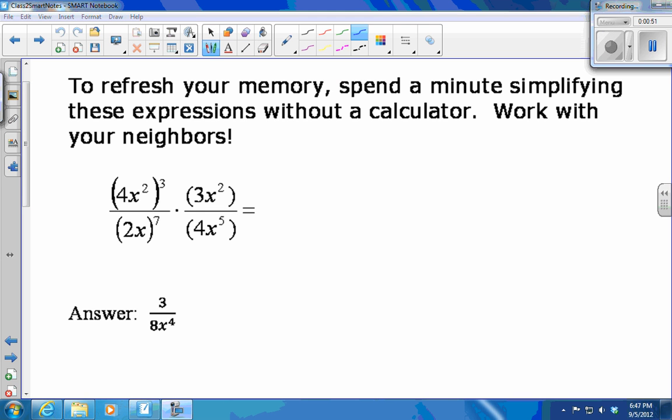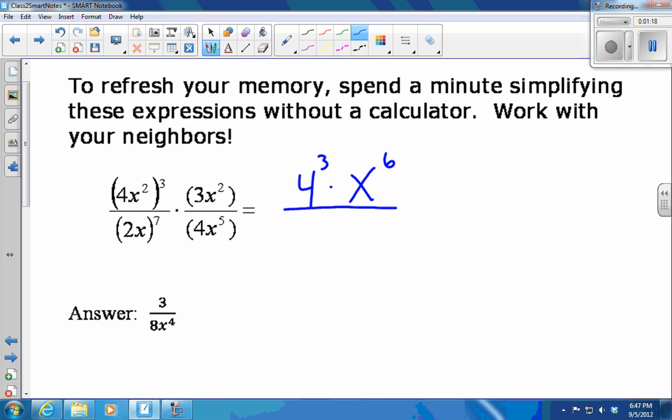Okay, so when you're dealing with exponents, when you have two things in parentheses being multiplied together, you have to raise both of them to the exponent. So to simplify this first expression on the top here, we would have 4 cubed times x to the what? 6th. Yes, raising a power to a power, you multiply the exponents. Good.